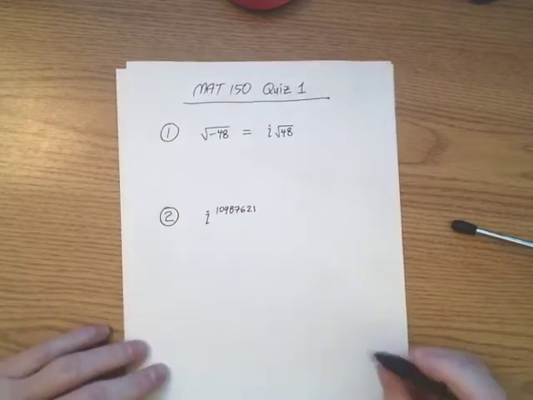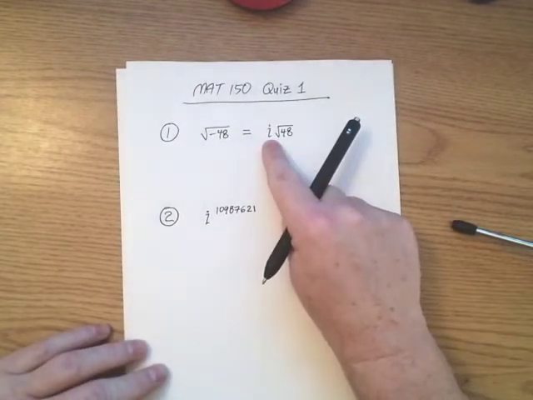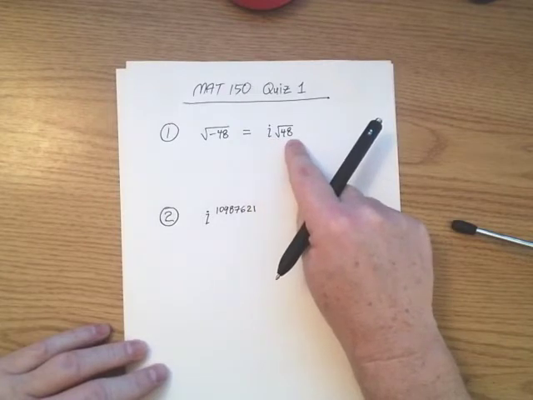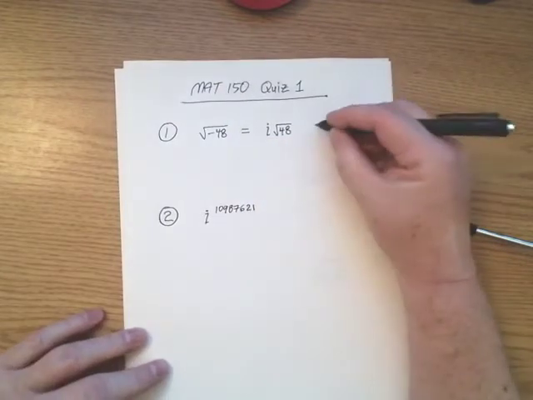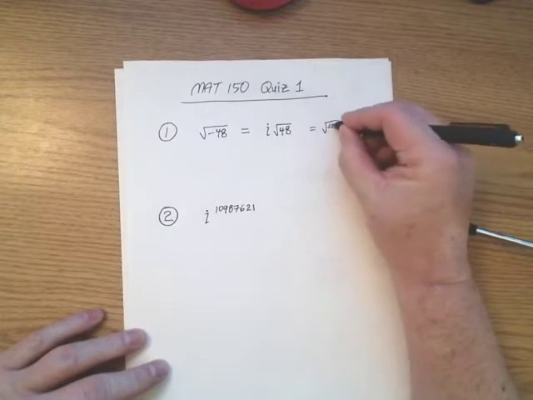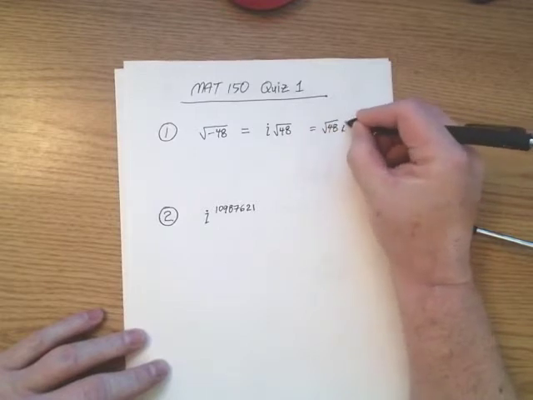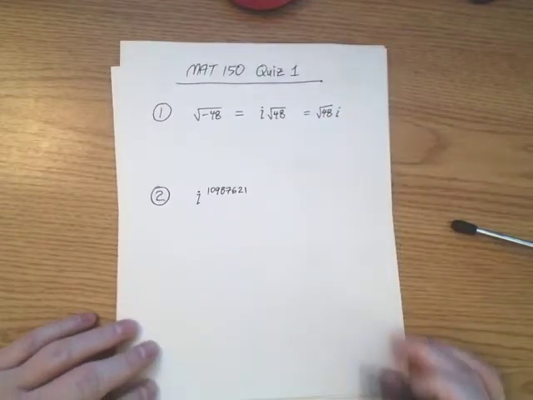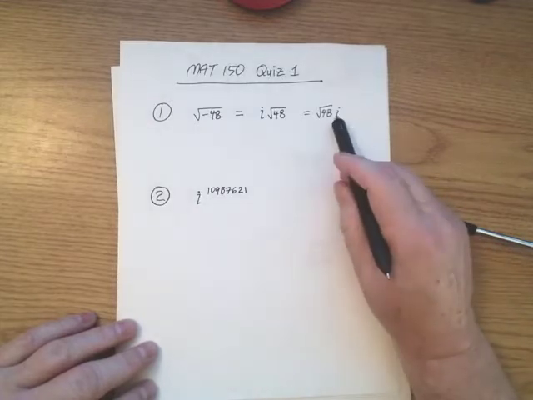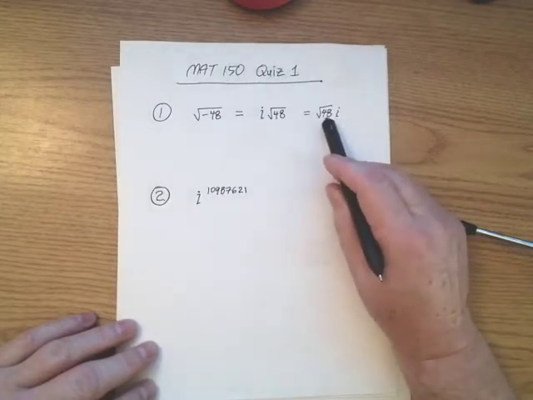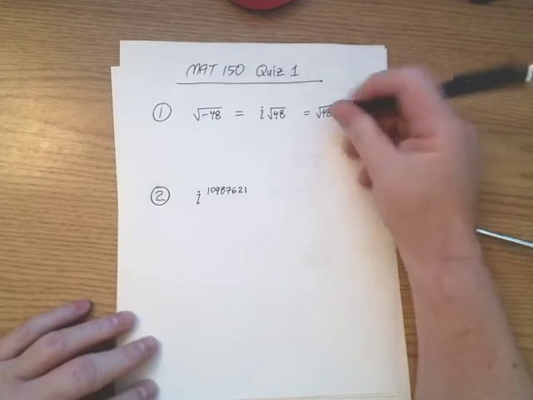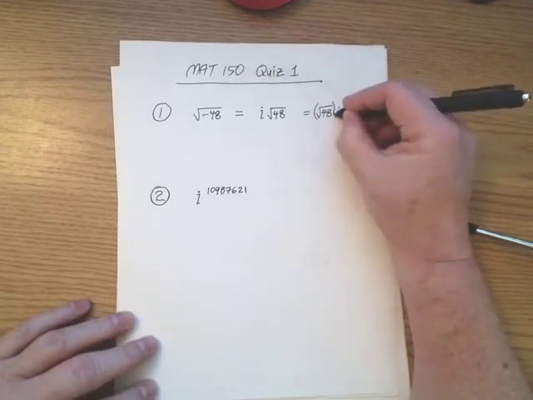By the way, the reason why I wrote the i in front instead of afterwards is this is also acceptable. Let me show you. Technically. But you want to be careful when you write something like that, that the i doesn't migrate underneath the square root. For safety's sake, some people would do that.